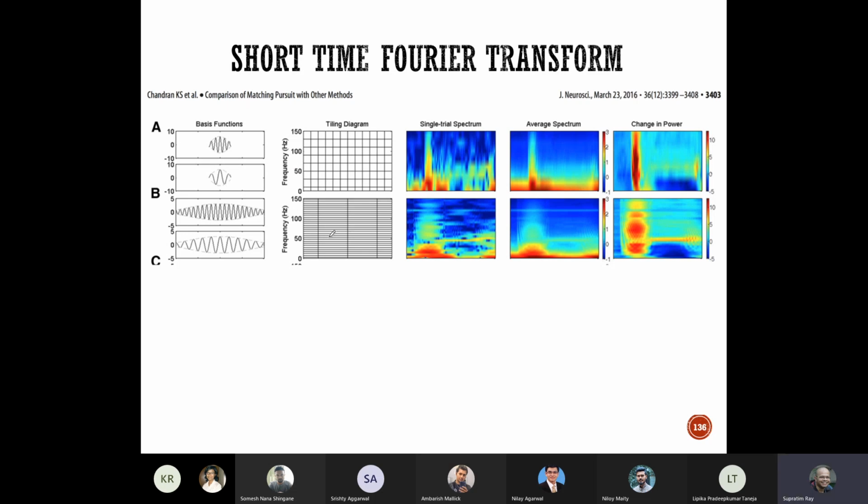So you will actually have several values at each of these tiles. That is the multi-taper method, right? So you're computing the spectrogram for each of these tapers, but you have several such spectrograms. So there are several basis functions sitting inside each tile.